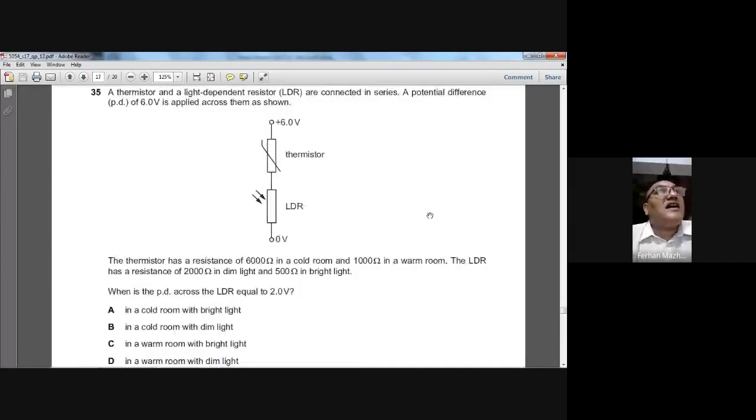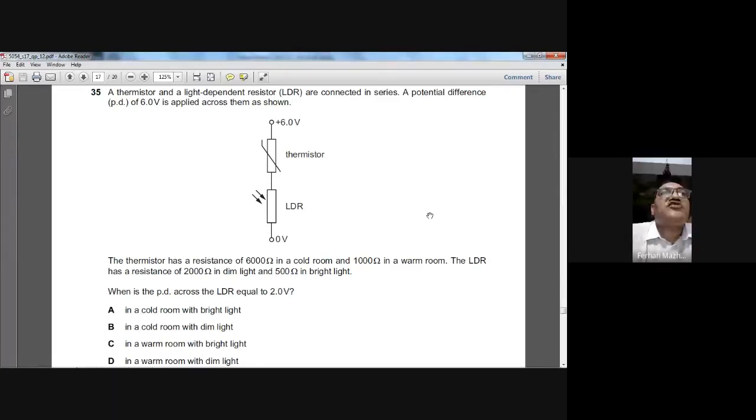It's a tricky question. A thermistor and a light dependent resistor, LDR, are connected in series. A potential difference of 6 volt is applied across them as shown. This is a potential divider. Remember that we have a thermistor and an LDR.